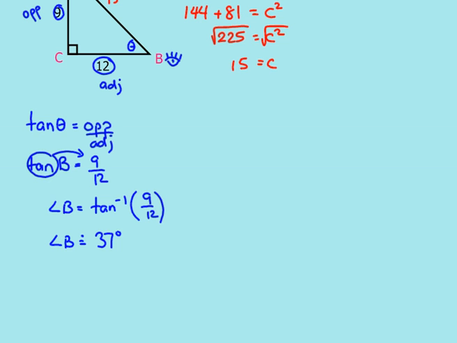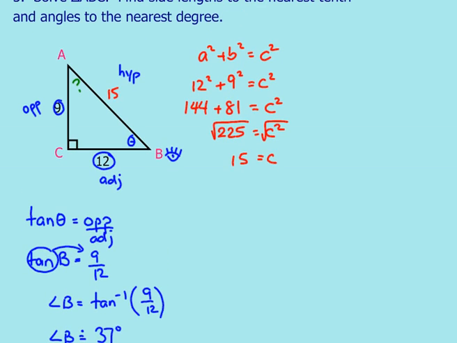Going back up to the diagram, you just figured out this angle, which was 37 degrees. If you want to, you could use trig to find out that green question mark, angle A. But why would you use trig when you could use something even simpler? Shouldn't angle A, angle B, and angle C all add up to 180?